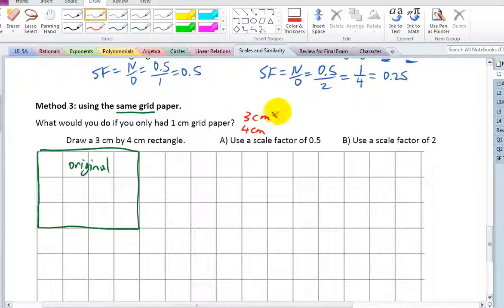Take your dimensions, multiply them by the scale factor, and so now you have the dimensions of your new rectangle. 1.5 squares along the top, 2 squares down. Oops, I did that backwards, sorry. 2 squares across the top, 1.5 down. Okay. There you go. So this is A.